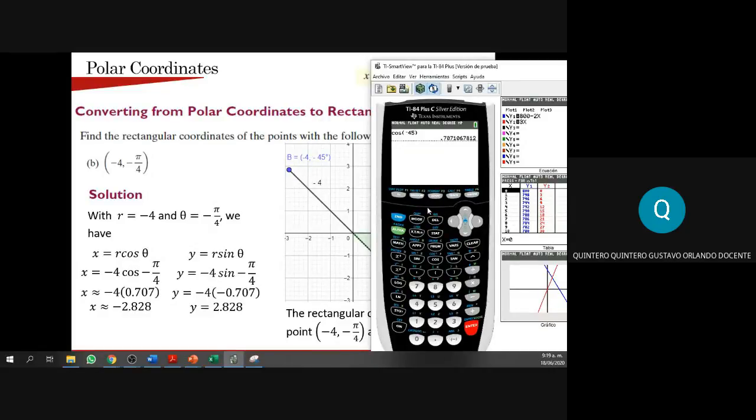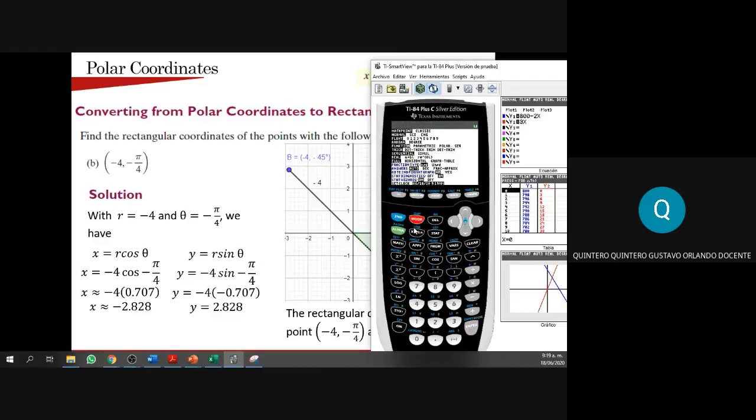Pay a lot of attention, guys. Here, press the mode key. You press the mode key, and look here. Here you have the options for radians or degrees. Mine is in degrees. So I'll just scroll down a little bit there, and now it is in radians. Press enter, and now the calculator accepts radians.